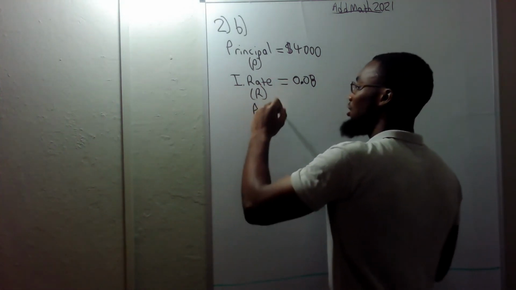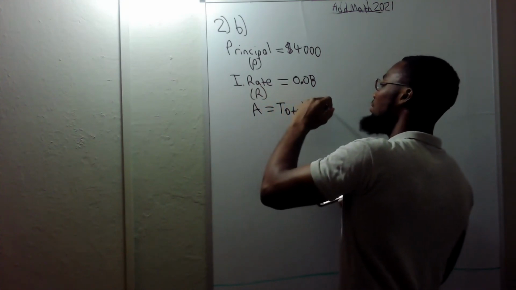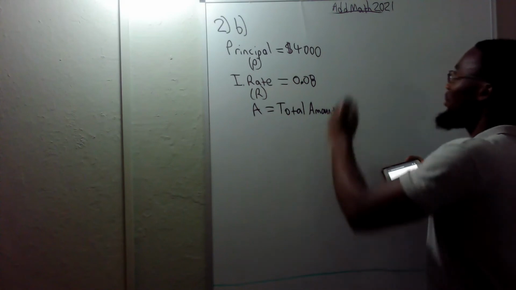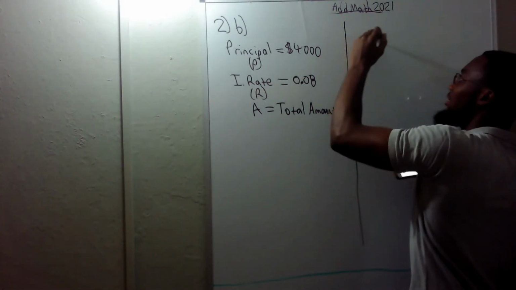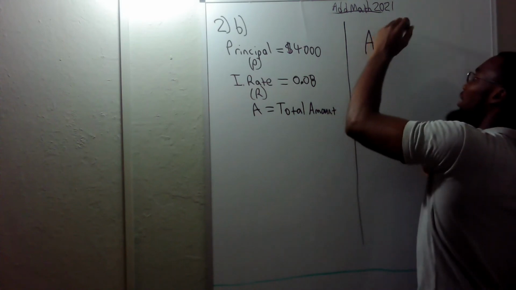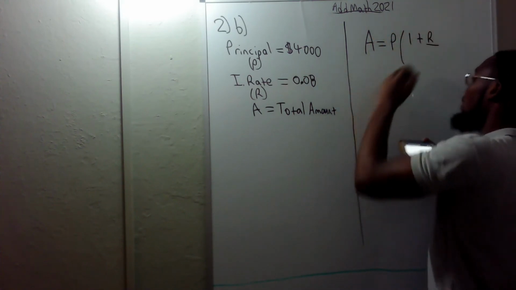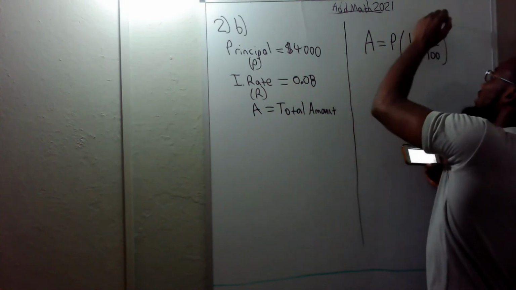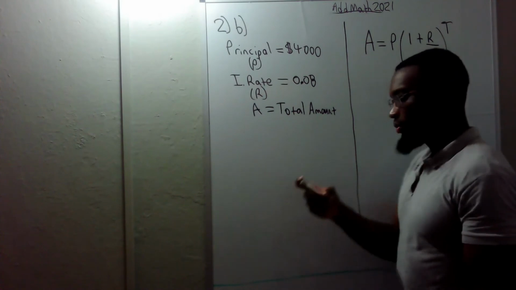So A is the total amount that's accumulated. And the formula they give us is A is equal to P into 1 plus R over 100 to the T. Guys, this is the CSEC maths compound interest formula.